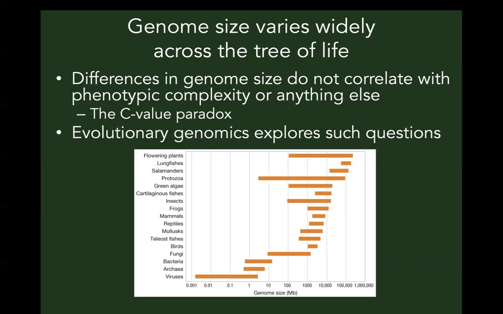So this is something that evolutionary genomics asks. And you can see looking at this picture here, we have the genome size of things from viruses to flowering plants. And although viruses have smaller genomes than flowering plants, why do flowering plants have larger genomes than, for example, birds?